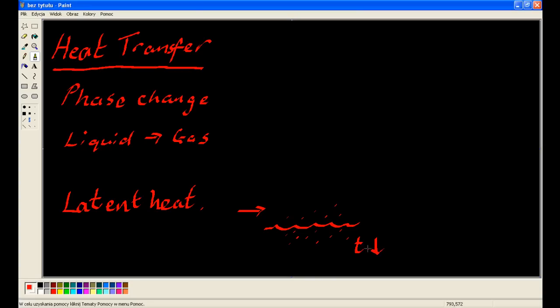It gets a little bit cooler. Now, this water is as a gas. It was a liquid when it was in the sea, but now the water molecules have jumped into the air, and they've turned into a gas.